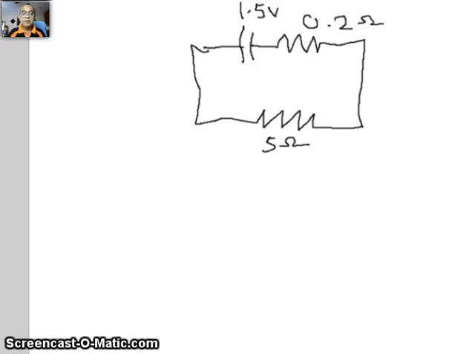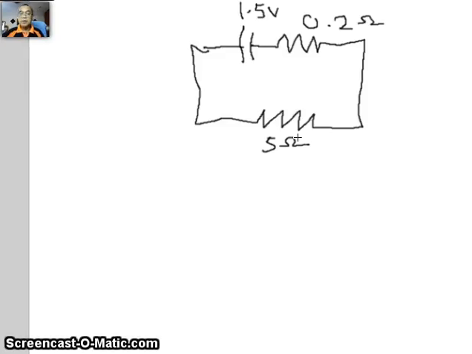For this question, the first thing is we have to draw the circuit. Without drawing the circuit, we cannot see the full picture. You have the battery 1.5 volts, the internal resistance 0.2 ohms and the external resistance 5 ohms.